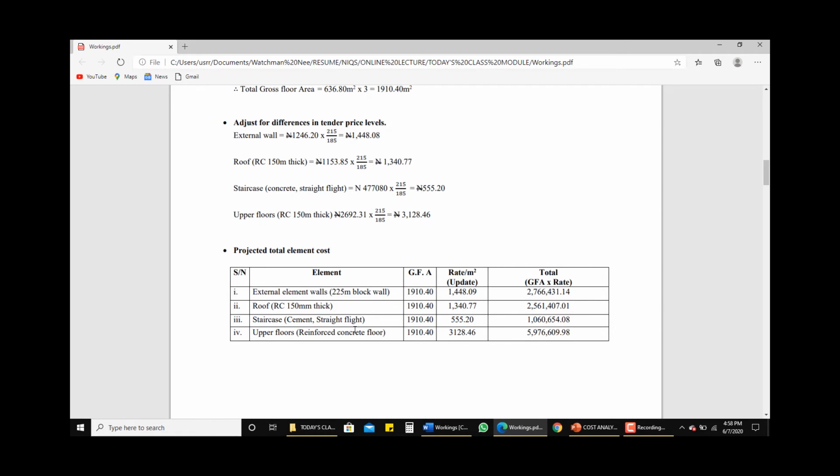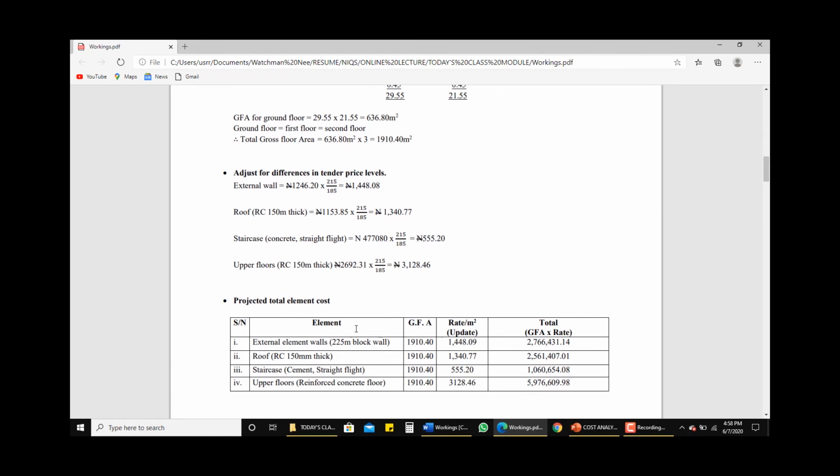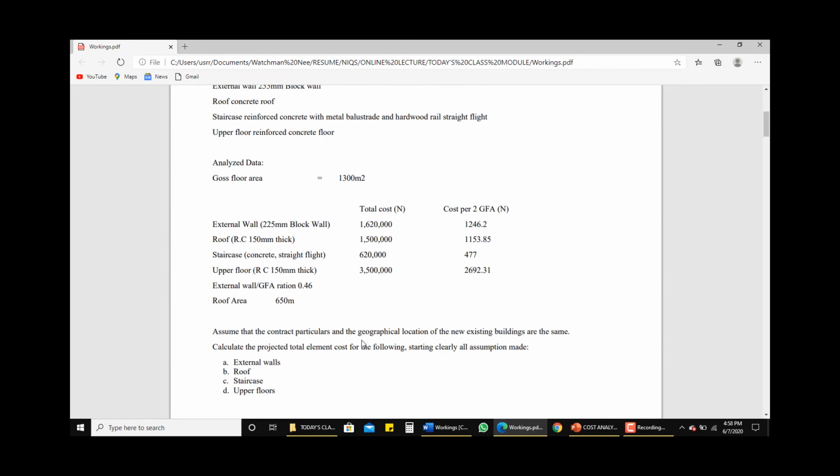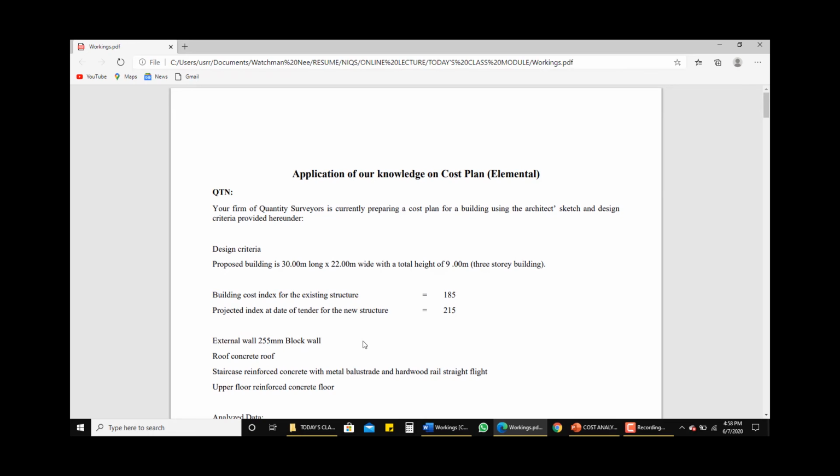So I hope with this you should be able to prepare a cost plan for a new project using the cost analysis of previous projects, giving consideration to some of the things we've looked into under cost analysis.